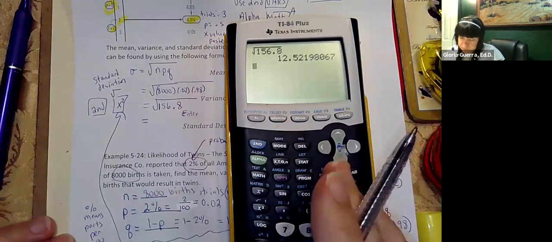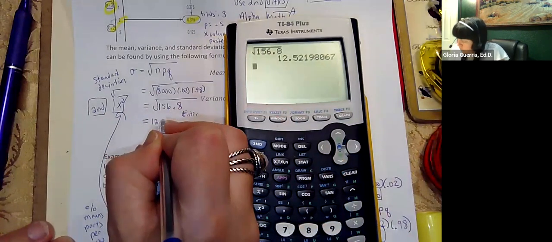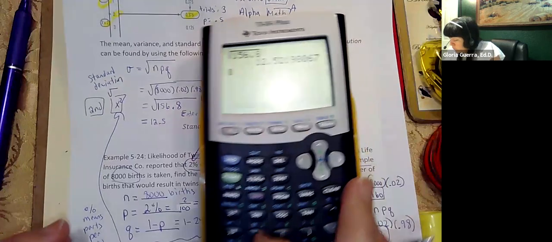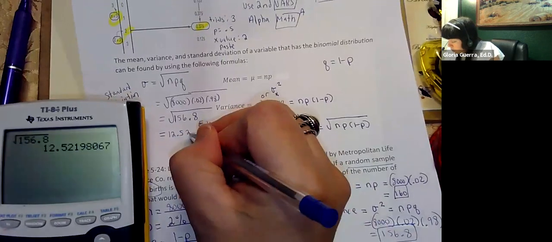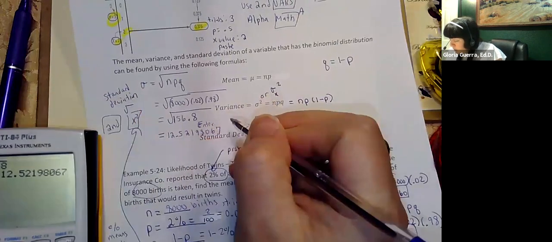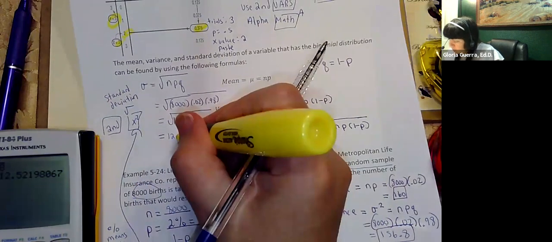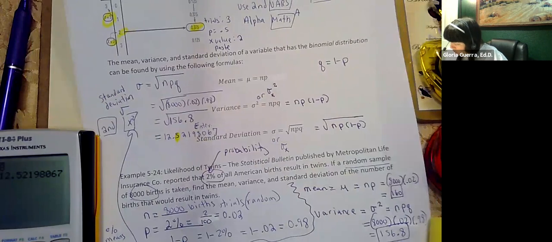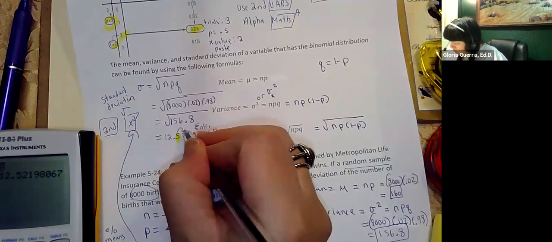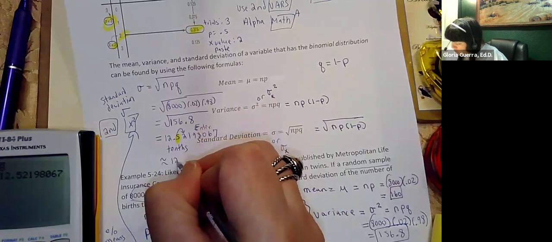And that gives you 12.5198067. And then if I round that off to the nearest tenths is what I have here. If you look at the neighbor to the right, is that 5 or more? No. So that's about 12.5.